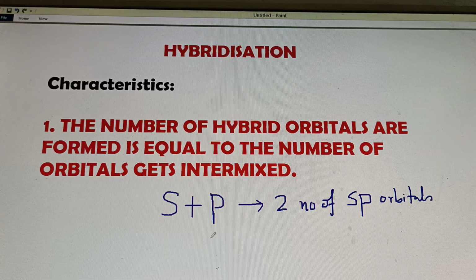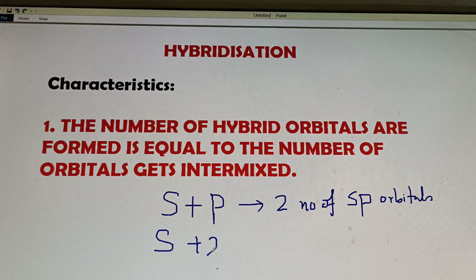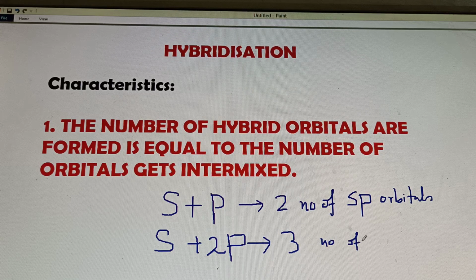If one s is mixed with two p orbitals, we will get 2 plus 1, that is 3 sp2 orbitals.